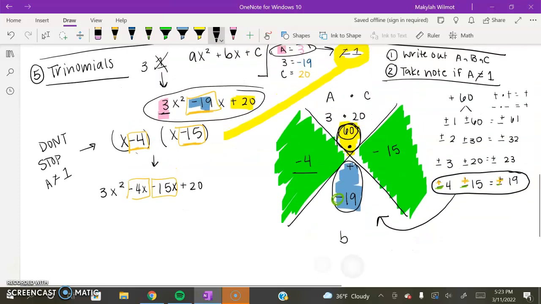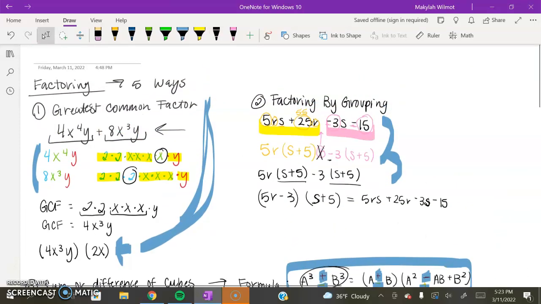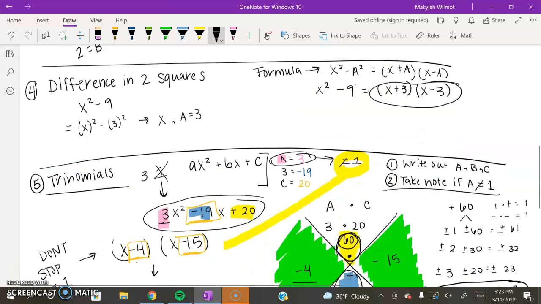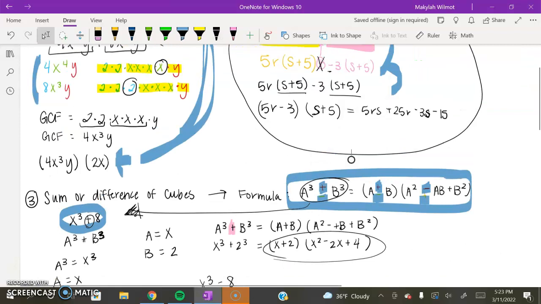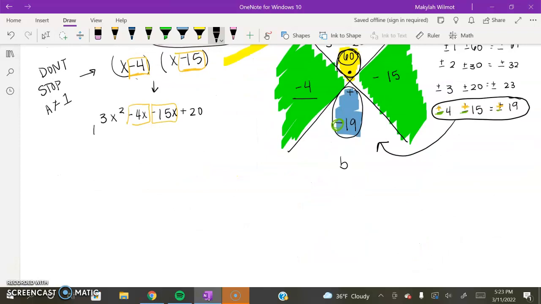So now remember when we learned factor by grouping? We're going to do that down here. So we look at this, and we're going to take this group and this group.